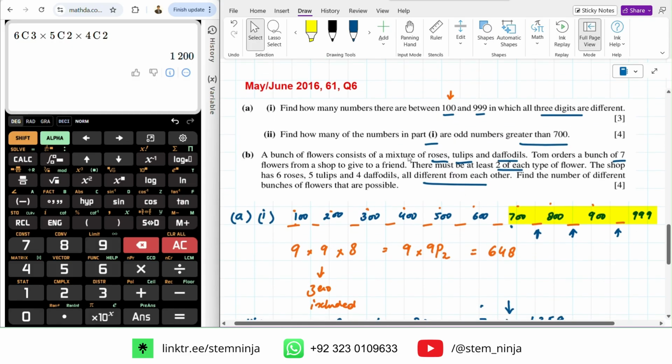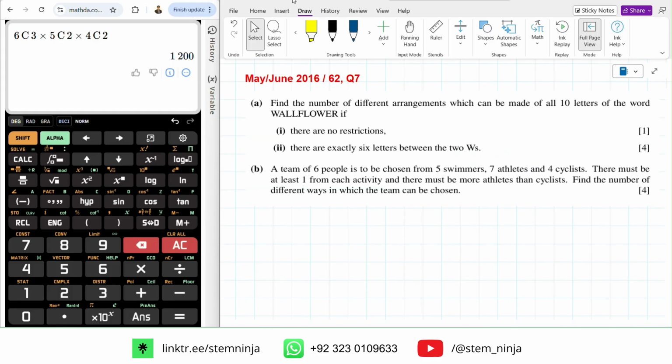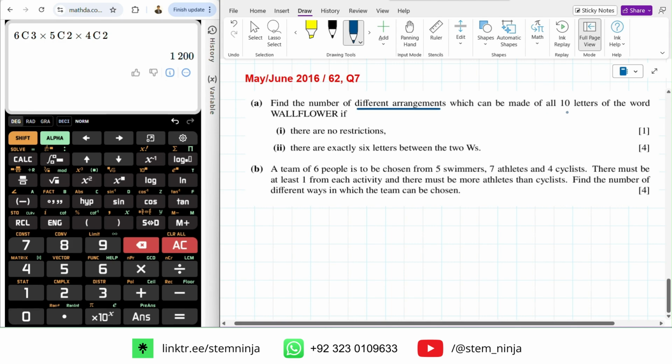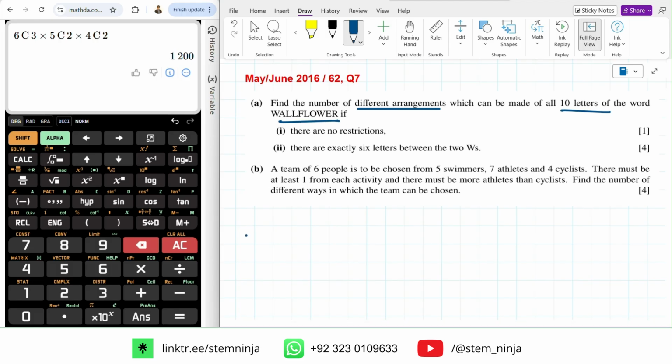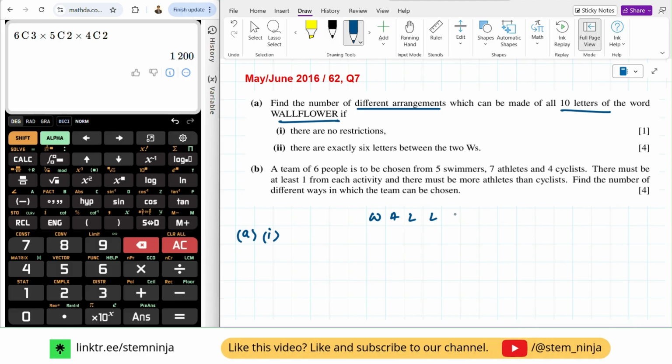All right, let's move on to the 6-2 variant. Okay, so let's see this. Find the number of different arrangements which can be made of all the 10 letters of the word wallflower if there are no restrictions. Wallflower.